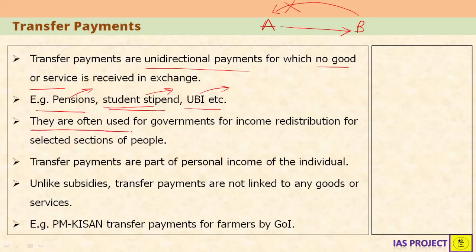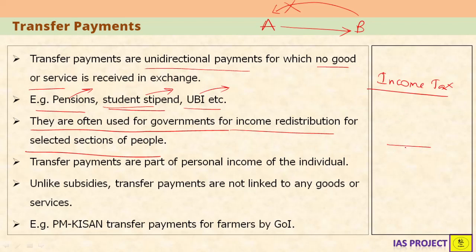Transfer payments are often used by governments for income redistribution for selected sections of people. We know the government imposes income tax on salaries. Income tax generally increases with the amount of salary you are getting. So there are different slabs within the income tax, and if you earn below a certain slab, there is no income tax for you. But if you are earning, let's say, 50 lakhs, the tax is so high.